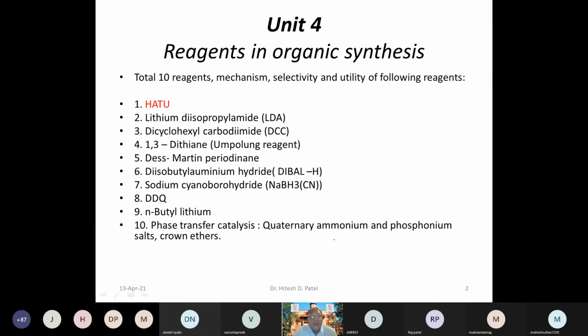You can find several books on reagents alone, because without the reagents it is sometimes not possible to carry out the reaction. Of course, the catalyst has its own importance and characteristics, but nowadays industries are also using reagents, and with the support of reagents we can prepare various compounds.